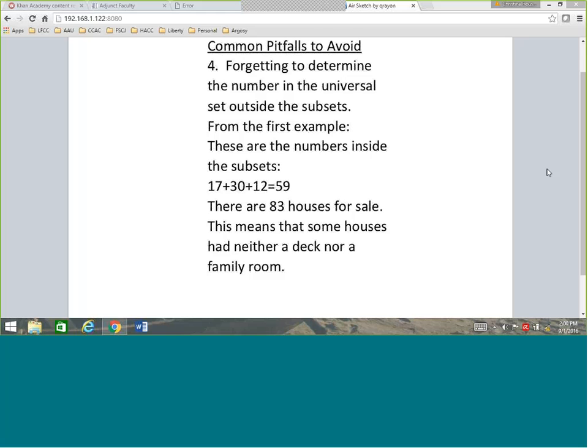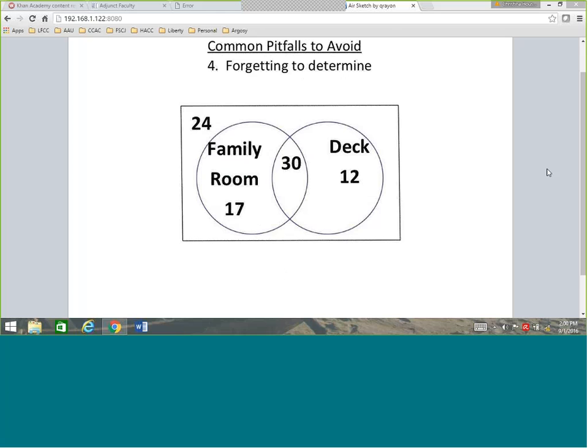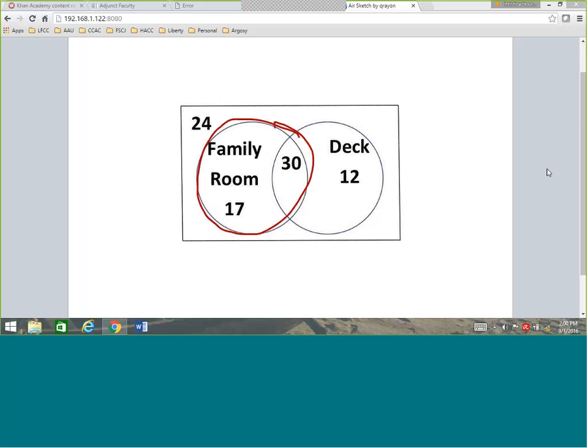So don't forget to do that, because when you're done, you should take a look at the completed picture and double check things before you start answering questions. For example, let me pull up that diagram here. Before you start answering questions, you need to check some things. With this one, I need to check that my family room has a total of 47 in it.